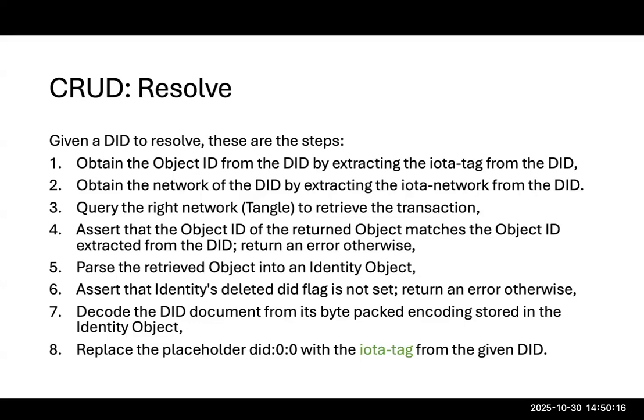You decode the DID document, and at this point, if the DID document still contains, sorry, did:iota:0, you can replace the value with the IOTA tag from the given DID.